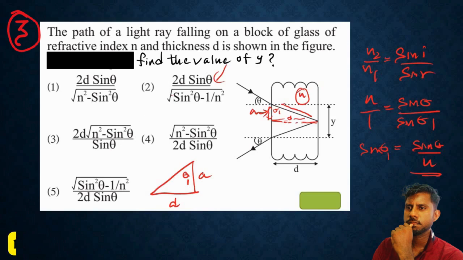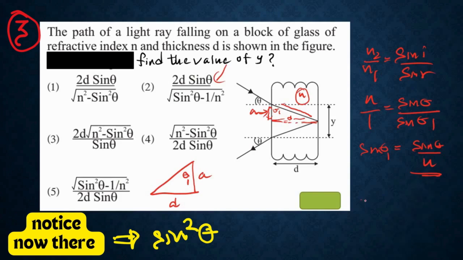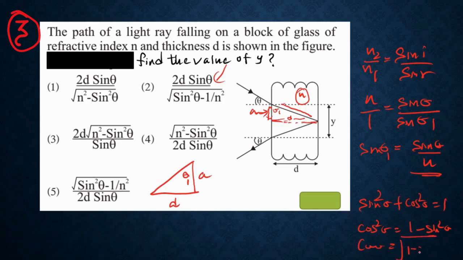We have sine squared theta in the answers, so let's write the equation: sine squared theta plus cos squared theta equals 1. So cos squared theta equals 1 minus sine squared theta. This might come in handy. So cos theta equals root 1 minus sine squared theta.